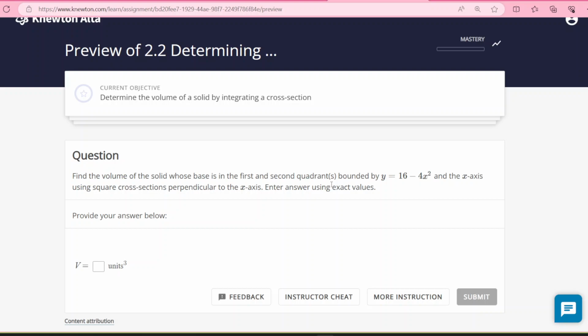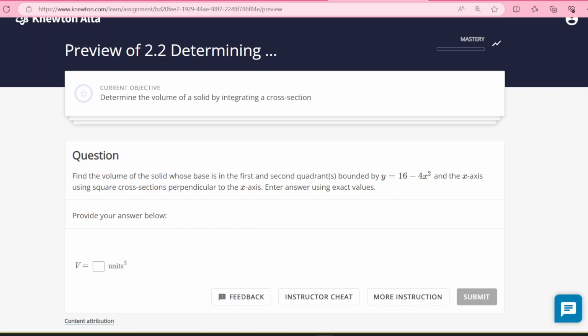So we're going to be drawing a region on the XY plane, and this region will be the base of some three-dimensional figure, bounded by y equals 16 minus 4x squared and the x-axis, using square cross sections perpendicular to the x-axis. And then enter the answer using exact values. So they want the volume here in cubic units.